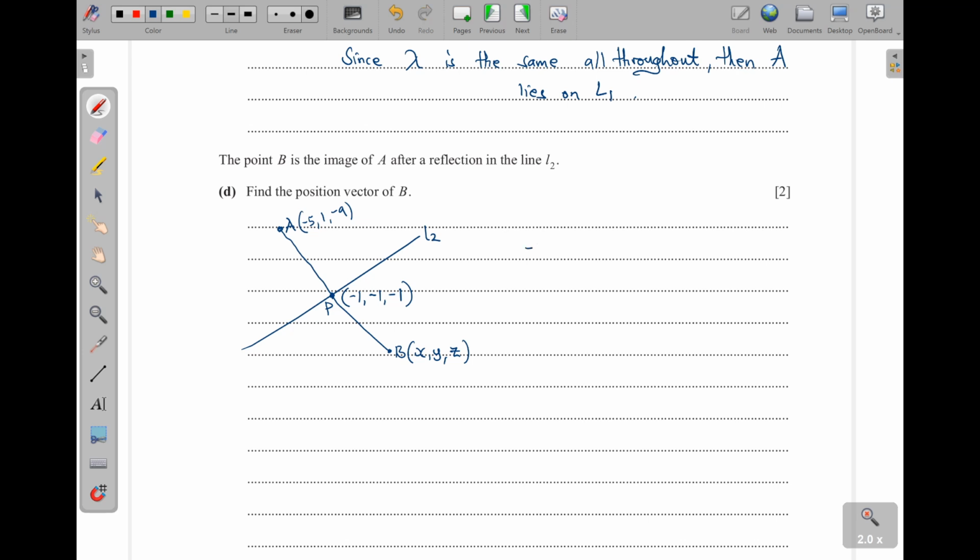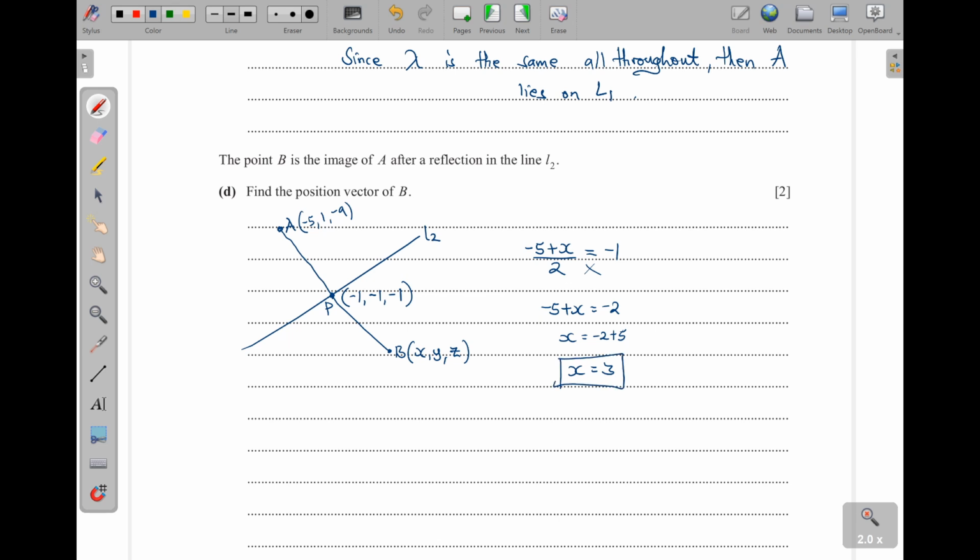So -5 plus x, then I divide by 2, like I'm finding the midpoint of A and B. I'll get -5 plus x, divided by 2, and equate to this x coordinate here, which is -1. Now, let us solve for this. This is -5 plus x equals -2, and then x becomes -2 plus 5, which is 3. So that is the x coordinate.